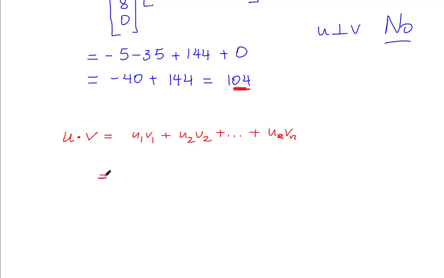Another way of doing this is the dot product can be thought of as the magnitude of u times the magnitude of v times the cosine of the angle that's between them. So that's another useful tidbit. If here is vector u and here's vector v. So it can be done component by component, or you could think of it this way.